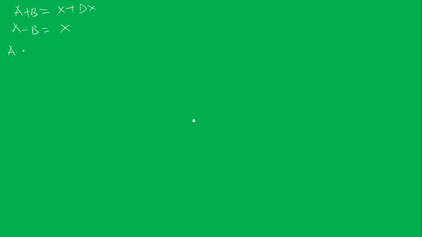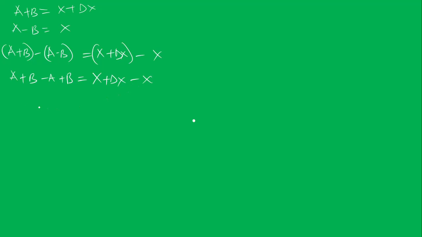Say a plus b minus, this is minus, a minus b is equal to a plus change in x minus x. So if you open up that bracket, you have minus a, minus times minus is plus b. You have x plus delta x minus x.